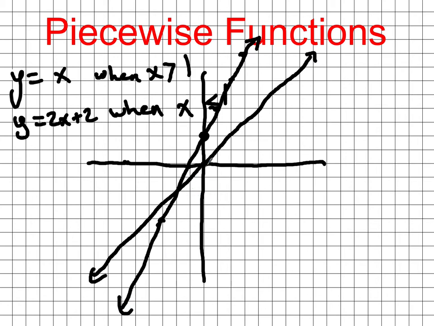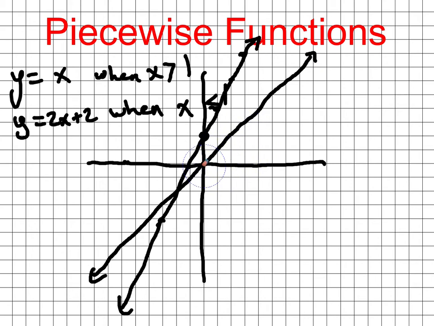But with a piecewise function you don't graph the entire thing. I don't graph y equals x for the whole time, and I don't graph y equals 2x plus 2 for the whole time. What I do is I only graph y equals x when x is greater than 1. So right here, x is 1.